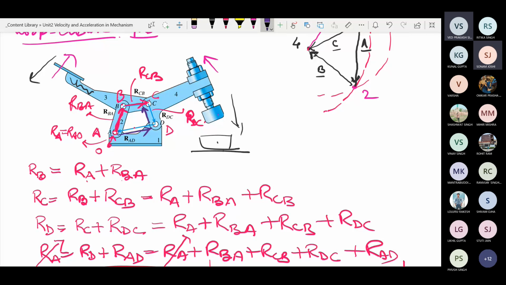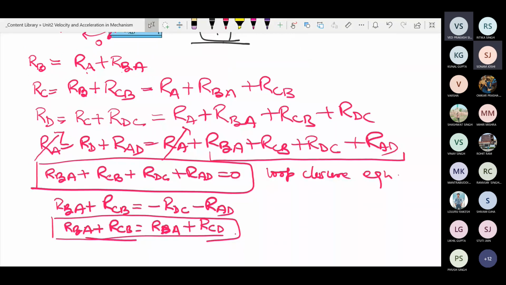You can write it in a different way. RBA plus RCB plus RDC is equal to how much? RDA, that can also be, right? Simply you transfer only one term, only RAD, to the right hand side. So what will be the value? RBA plus RCB plus RDC is equal to, this will be minus and then RDA.